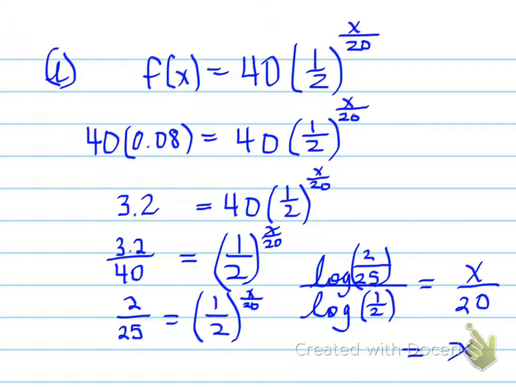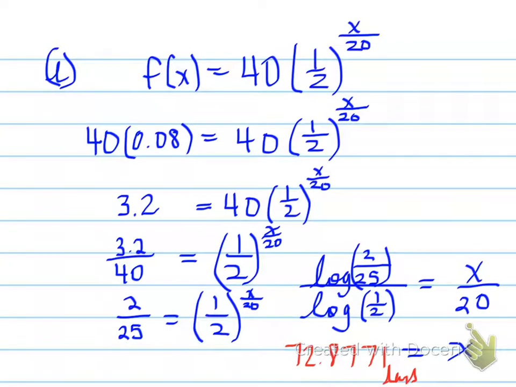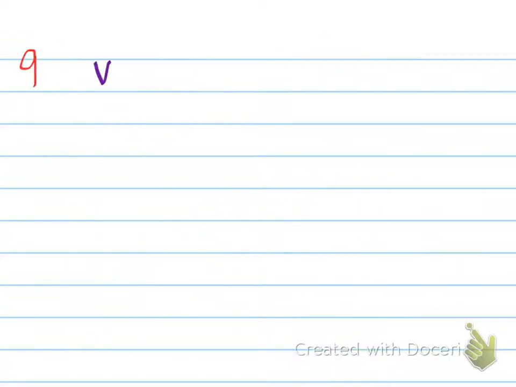That is true always. The exponent becomes your answer: log of this divided by log of the base that we're trying to find. You're always going to do it that way. All right. The answer to this, once you type it in your calculator, is going to be 72.8771 days.